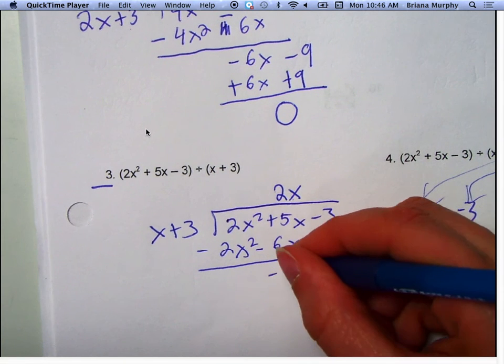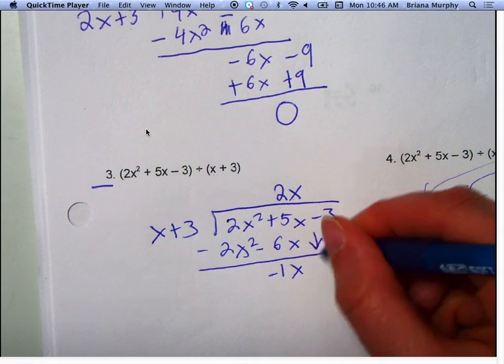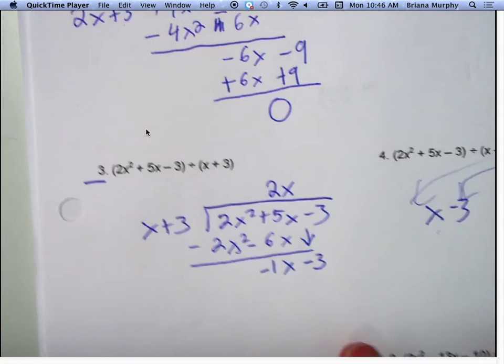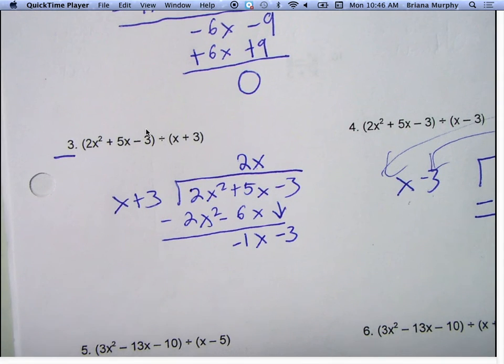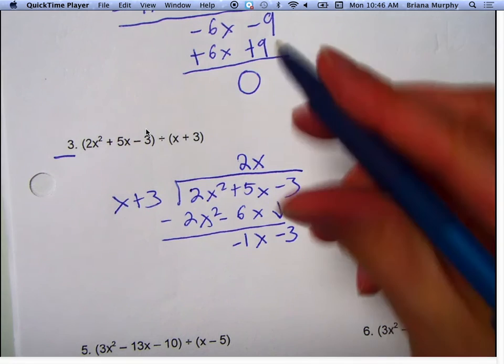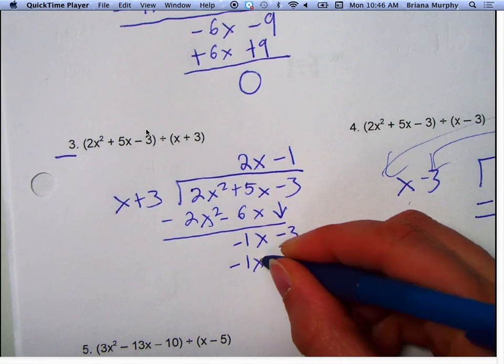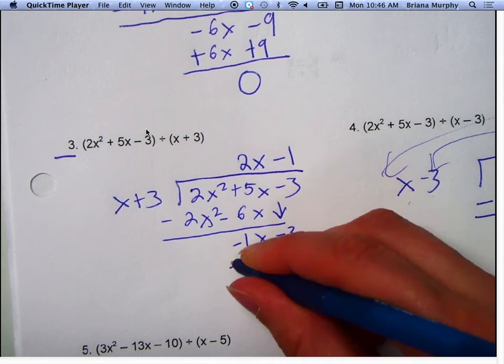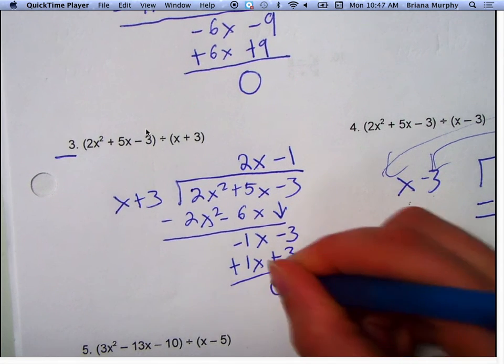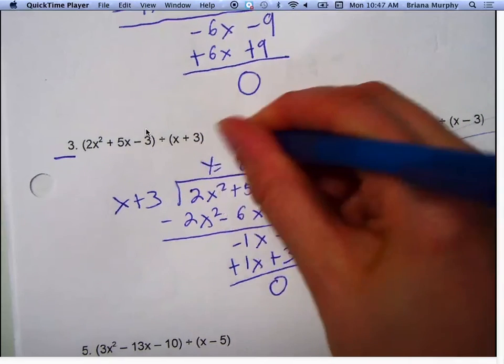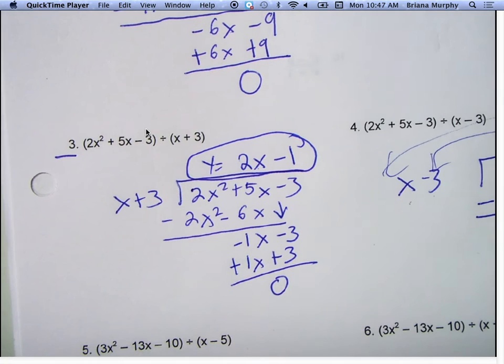We get negative 1x minus 3. x times what gives me negative 1x? Negative 1. So I get negative 1x minus 3. I change it and add it down. I get 0. This is my oblique asymptote.